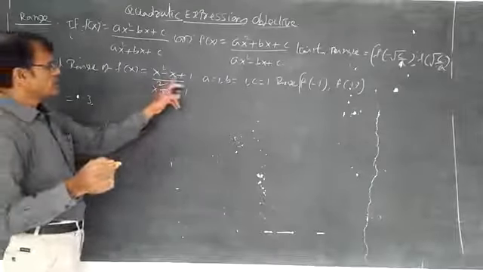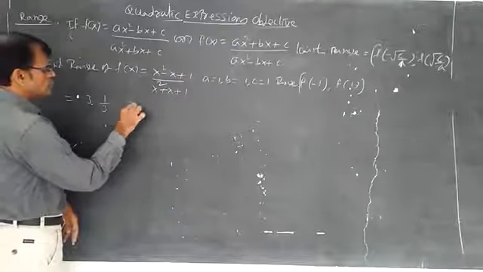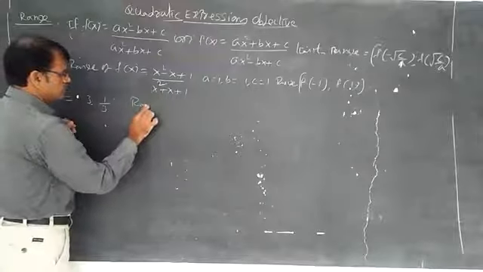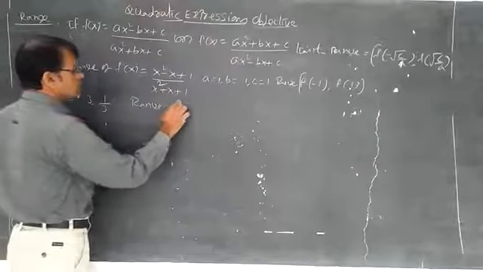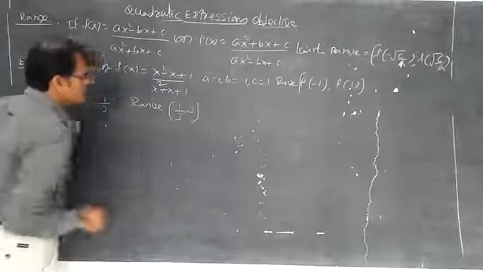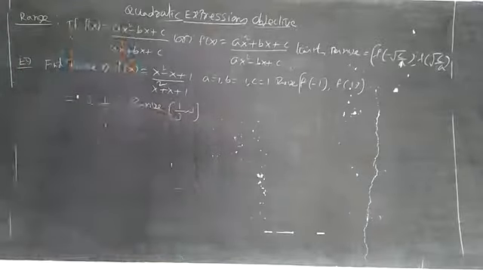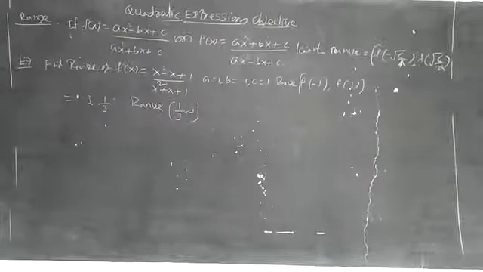If you substitute 1 here, 1 minus 1 plus 1 by 3, that is 1 by 3 plus 1. Always range should be defined as small value first and large value next. That is why you should write range equal to 1 by 3 comma 3 like this. I think this is worked exam 20.